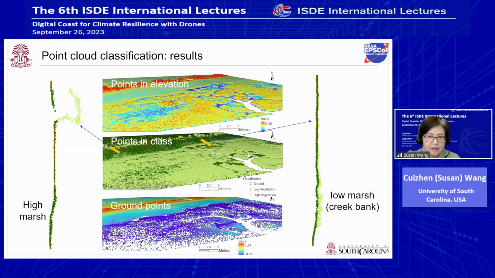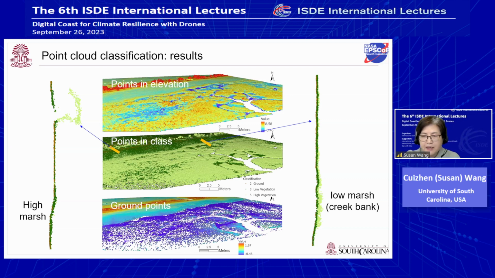And we set up two example profiles. The left one is along the road, you can tell the trees, and off the road, that's the high marsh, the shrub and the high marsh with low vegetation. The right profile is the low marsh example, so showing more of the high vegetation, especially the structures when it's growing higher along the creek.